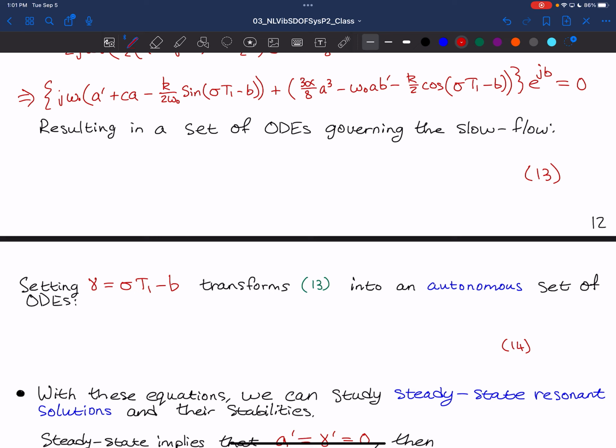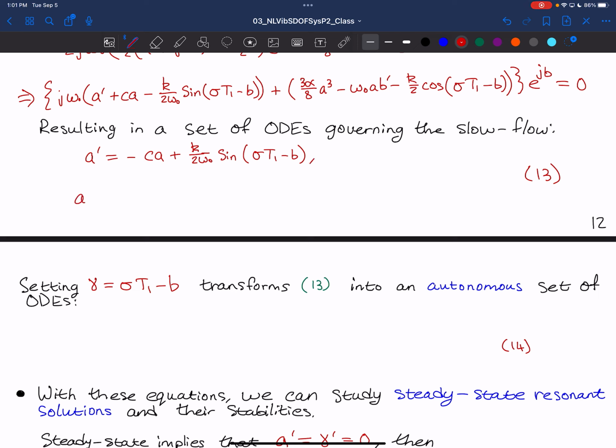From here, we're going to set real and imaginary parts equal to 0, and we'll end up with a set of 2 first-order ODEs, which are the slow flow dynamics. And so we'll end up with A' is equal to minus cA plus k/(2ω0) times the sine of (σT1 minus B). That's our first equation.